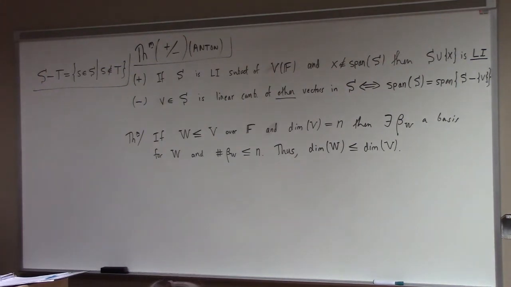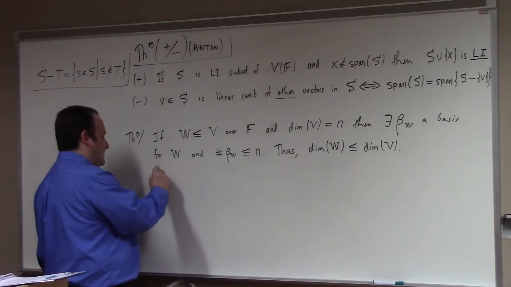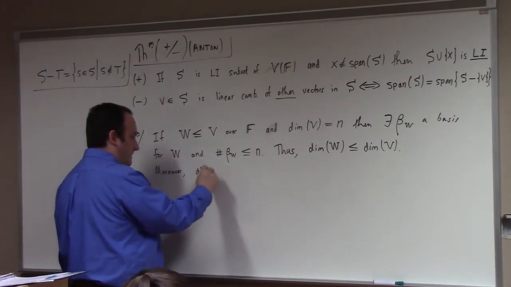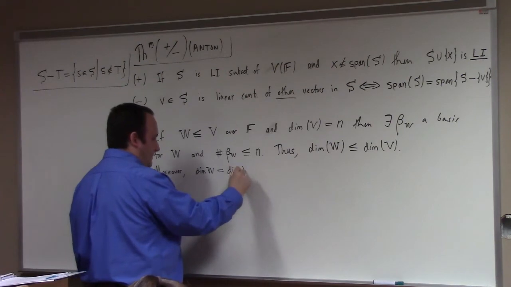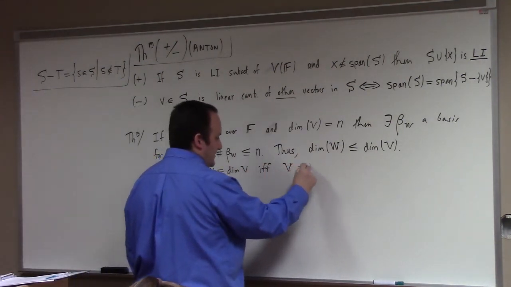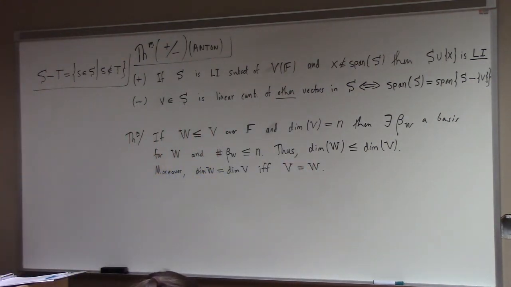How about when is equality reached? Moreover, the dimension of W equals the dimension of V, right? If and only if what? V is equal to W. All right. These are all things we can prove. All right, let's prove them.